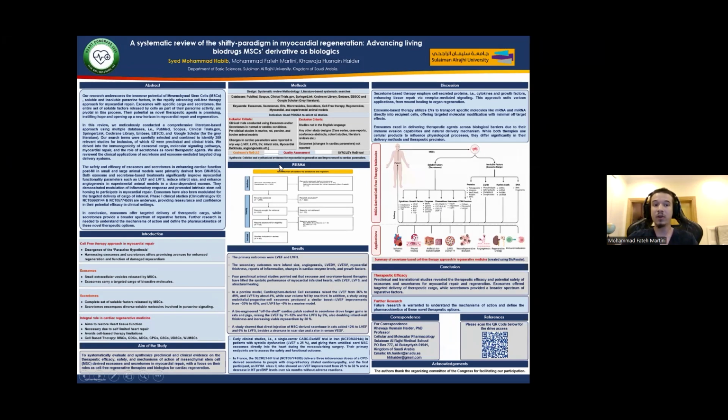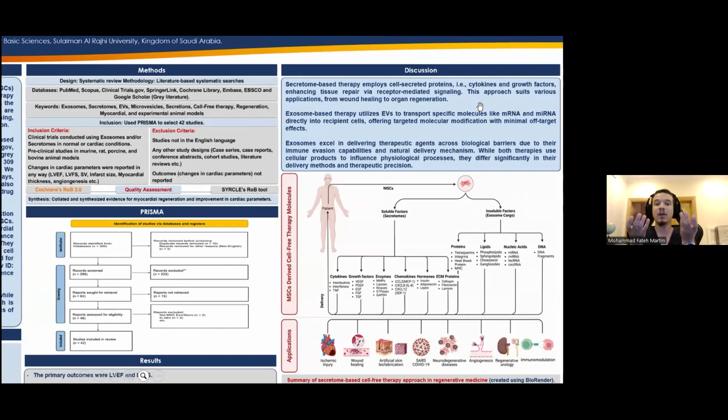So for now we can weigh the pros and cons of each therapy and compare them to what could potentially offer superiority over stem cells. Secretome-based therapy employs cell-secreted proteins that enhance tissue repair via receptor-mediated signaling. This approach shows a wide range of applications, such as wound healing and organ regeneration.